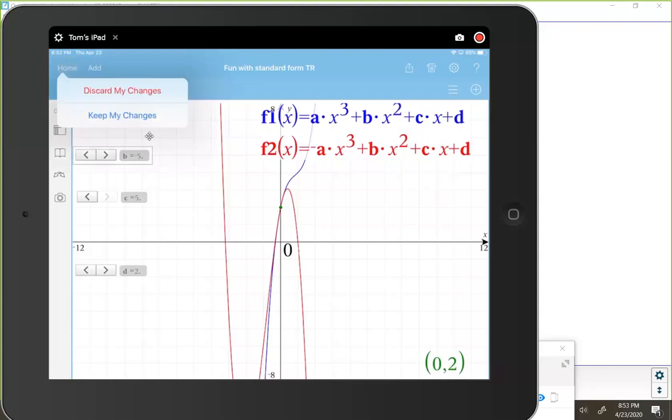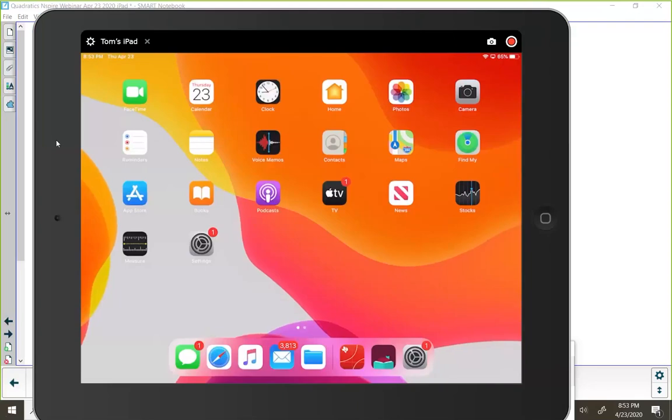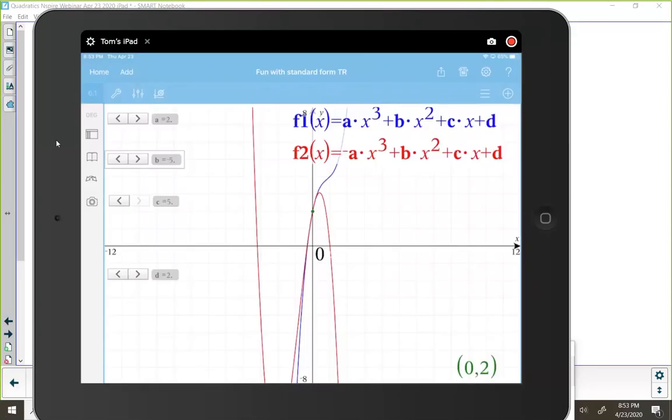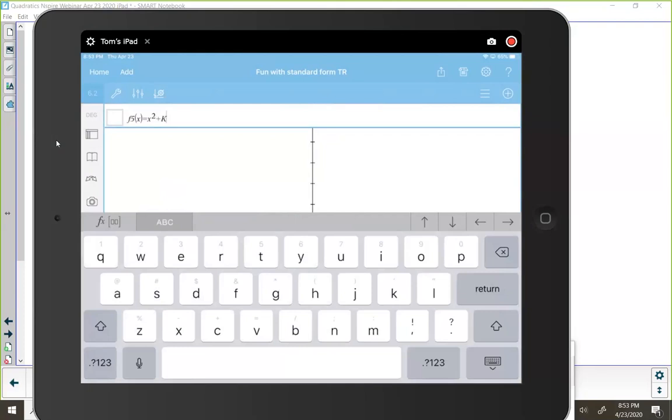Oh, before you leave your iPad? Yes. Okay. Just backing up a little bit. Could you get a graphs page, pretty please? And just put in x squared plus c, something that we were looking at a while back. Feels a little bit anticlimactic now after I was just blown away with your previous problems.